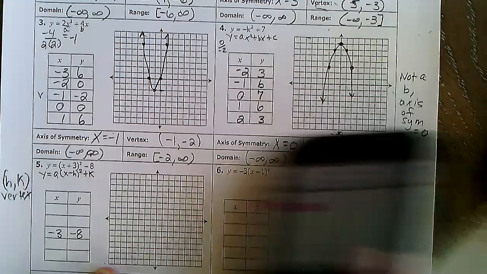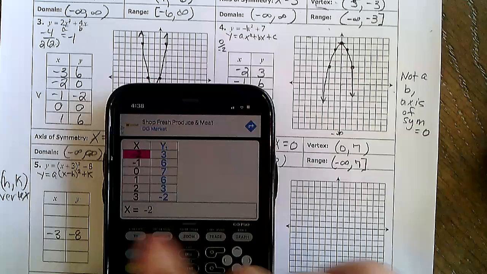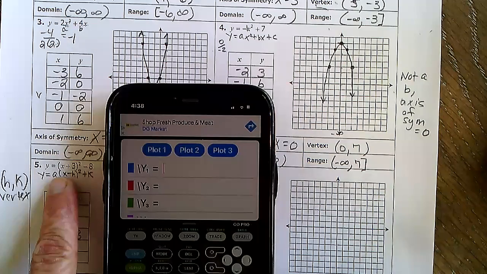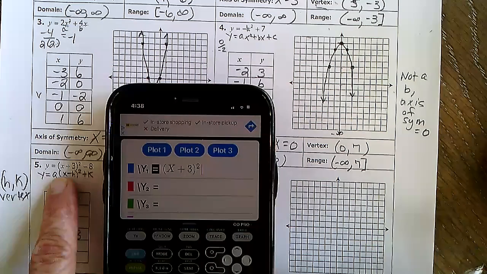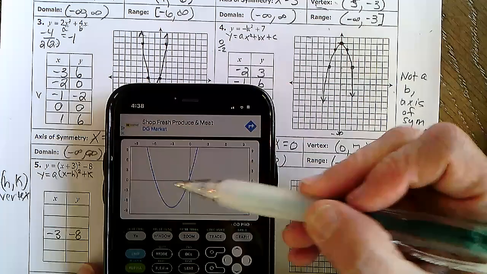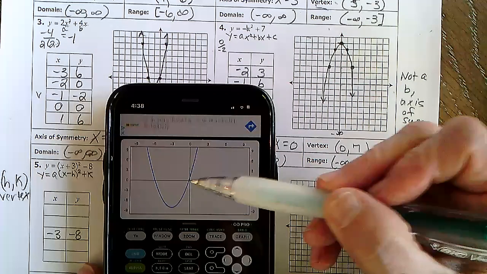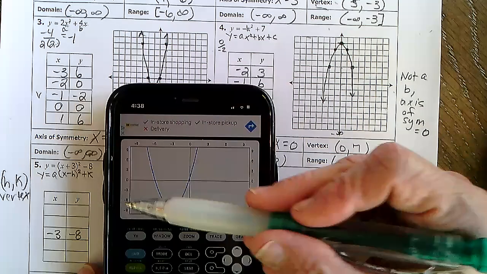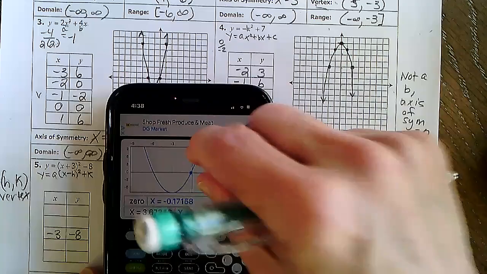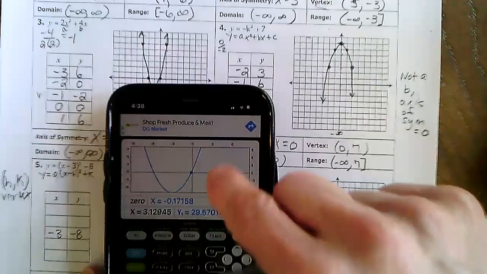Okay, now let's say you forget that on the test. If you type in the equation, you've got y equals (x plus 3) squared minus 8, and then you graph it, you can look and see it's -3 and down there, it would be 8. You can zoom in, well, hope I didn't mess my window up there.